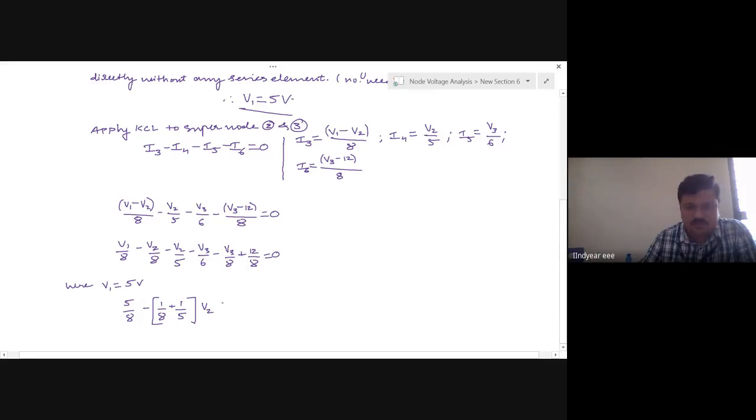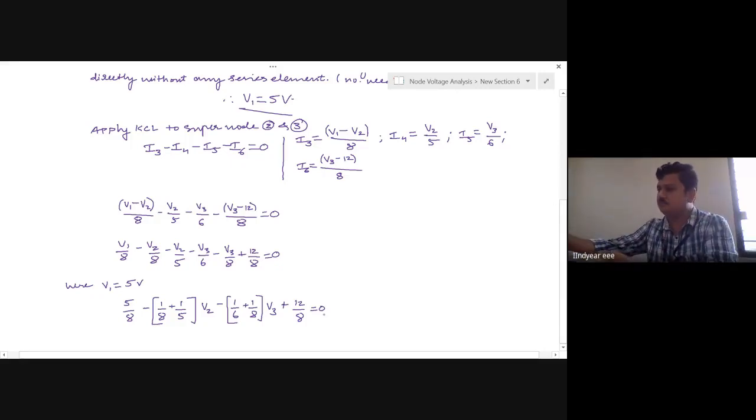Then we'll write for V3 minus 1 by 6 plus 1 by 8 into V3 plus 12 by 8 is equal to 0.